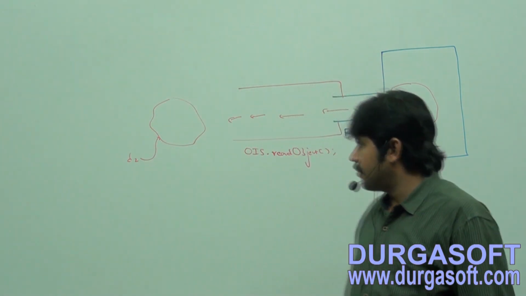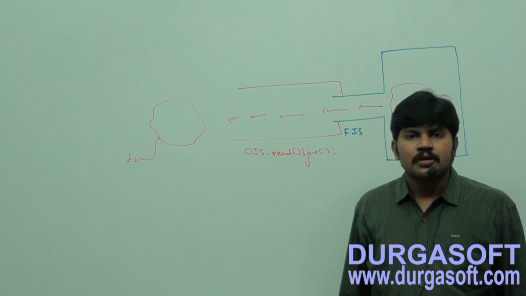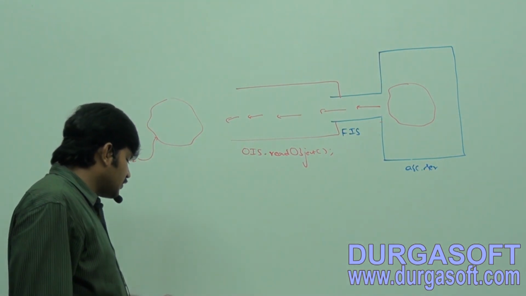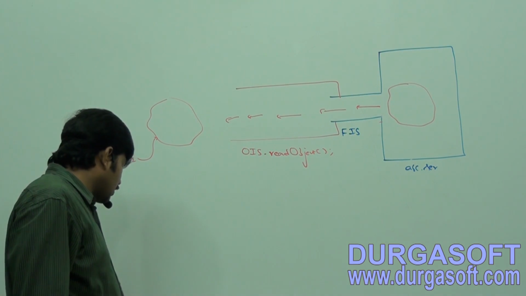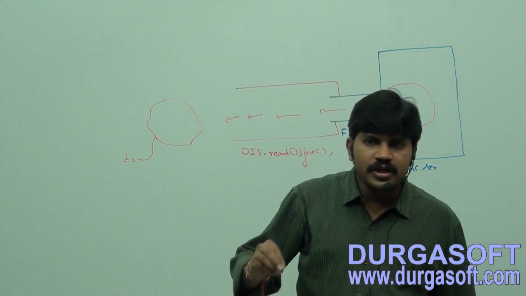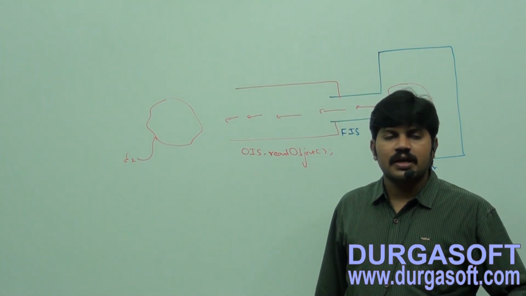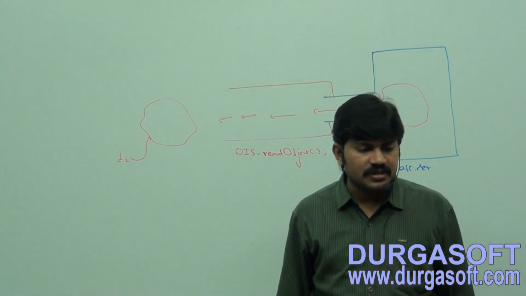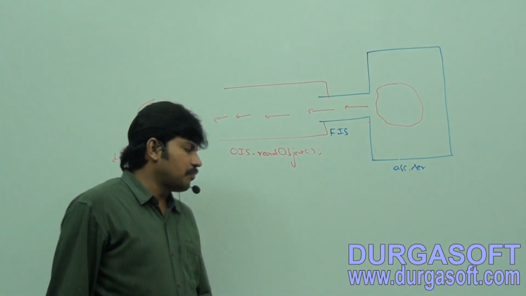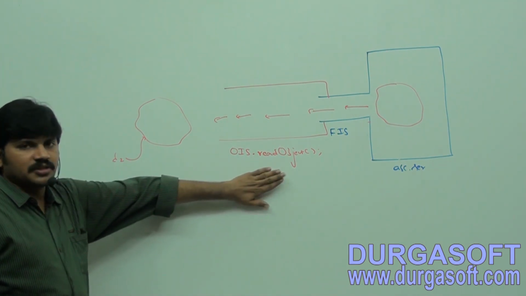By using file input stream and object input stream classes, we can implement deserialization. That's all.